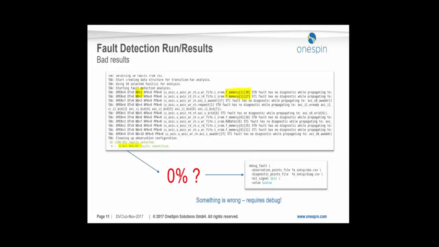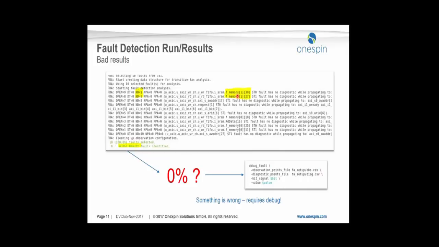So that's what we obviously not expected, because as you can see here, we injected faults onto the FIFO, and we would have expected with the parity protection of the FIFO that those faults would be detected by the safety mechanism.